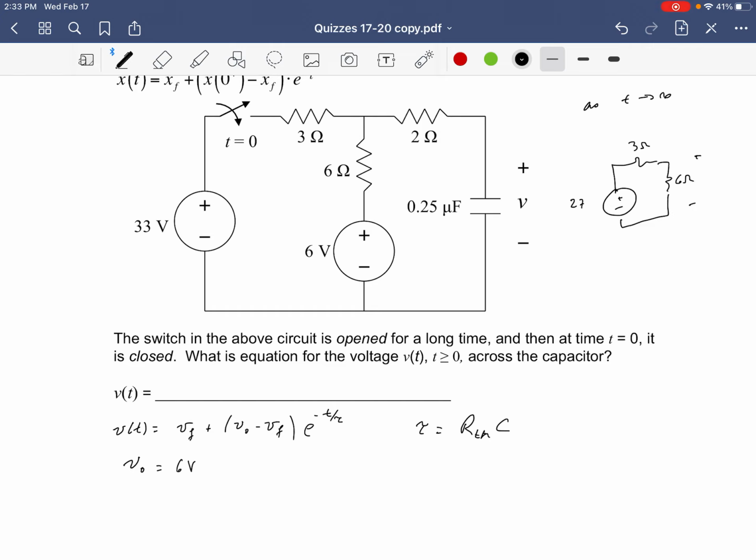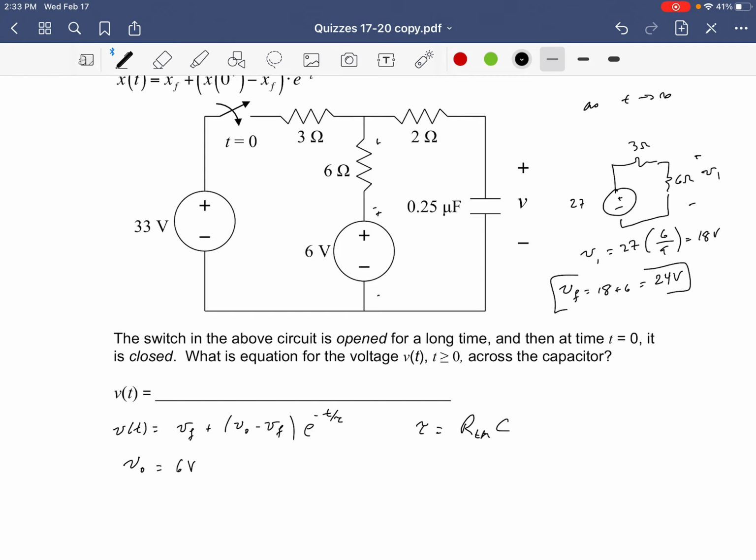Let's call this V1. So V1 is going to be 27 times 6 over 9. 27 divided by 9 is 3, so this will be 18 volts. And then my V final would be this voltage, 18 volts, plus 6, so this would be 24 volts.